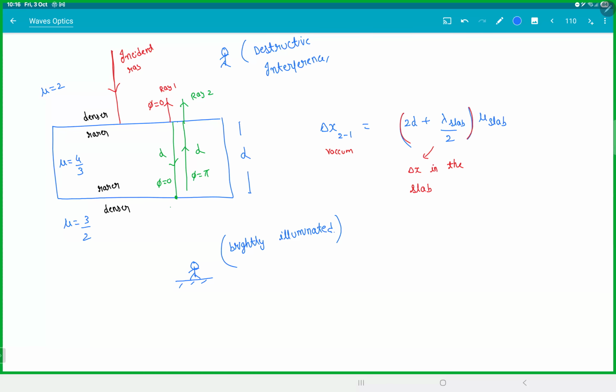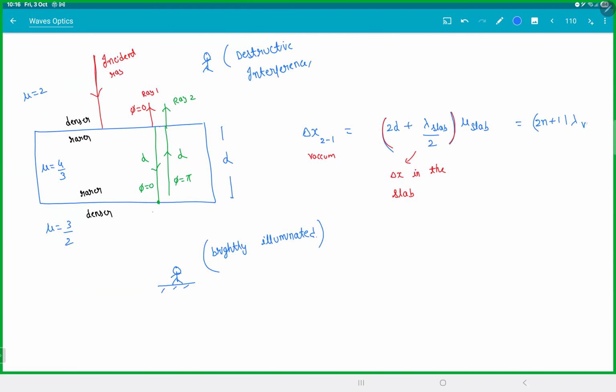And once they come out, there is no path difference because outside, they're traveling the same distance, so you won't have a problem. You want a minima, so this will be 2n plus 1 lambda vacuum by 2. There, check it out. Okay? Convert everything into vacuum, that is better.